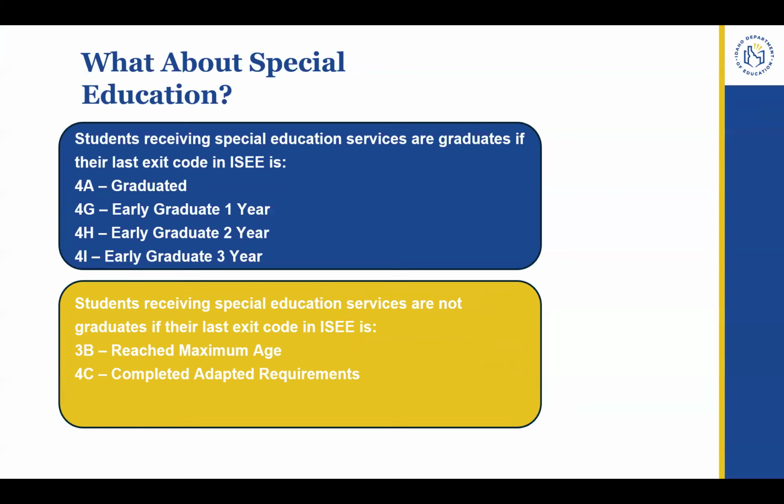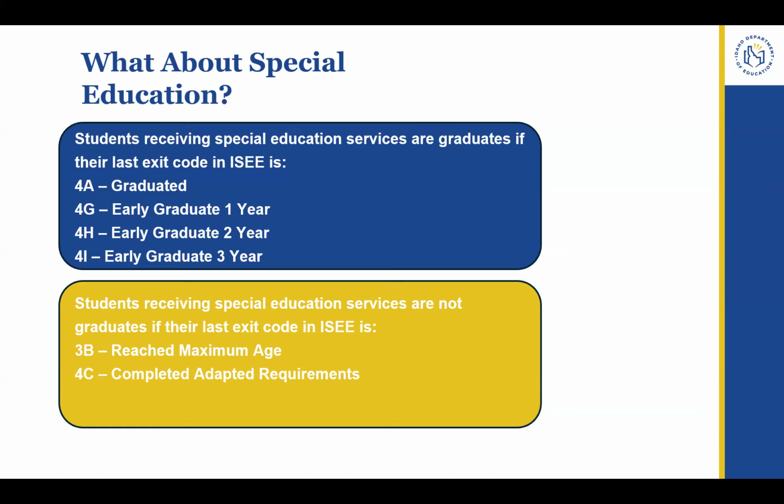Students in special education can fall into any of the four graduation exit codes. And it's important to remember that having an IEP, receiving accommodations, or taking applied classes does not prevent a student from earning a regular diploma. If a student meets the standard graduation requirements, they are considered a graduate, just like any other student.